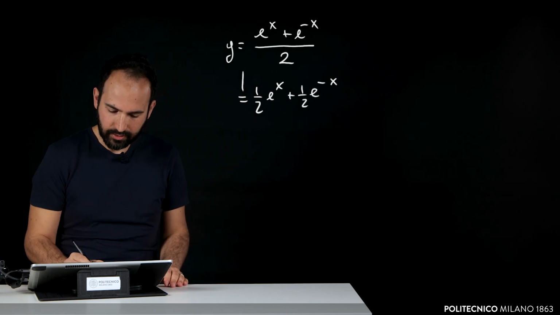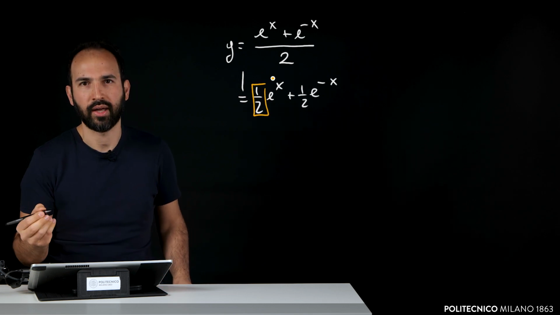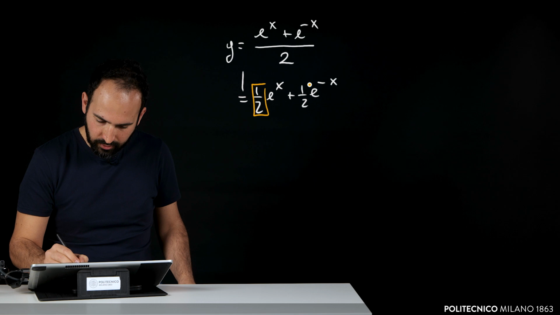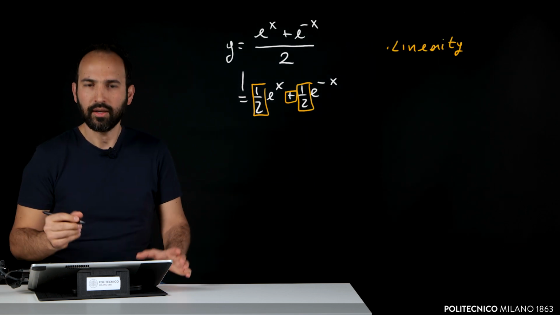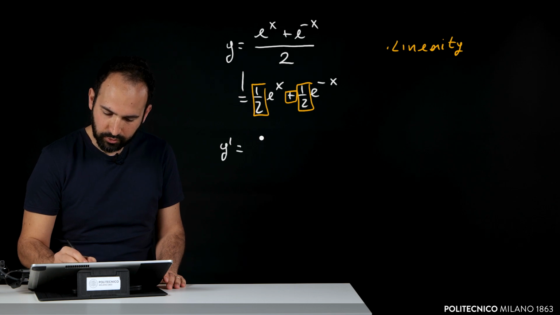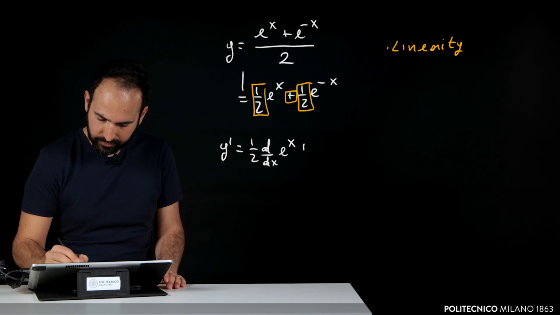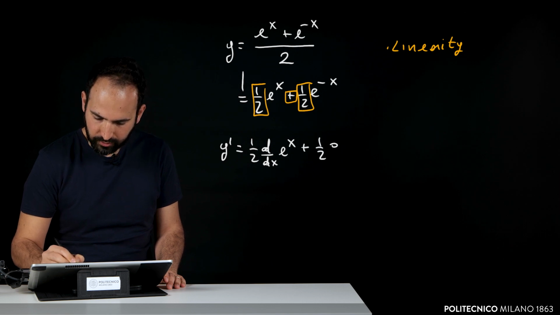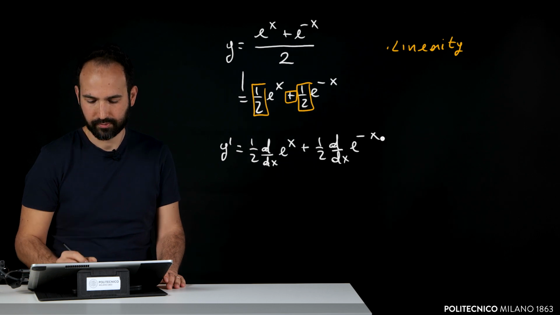That is, as a linear combination of two functions, exponential of x and exponential of minus x, with coefficient 1/2. So, by linearity, the derivative y prime is equal to 1/2 the derivative of exponential of x plus 1/2 the derivative of exponential of minus x.